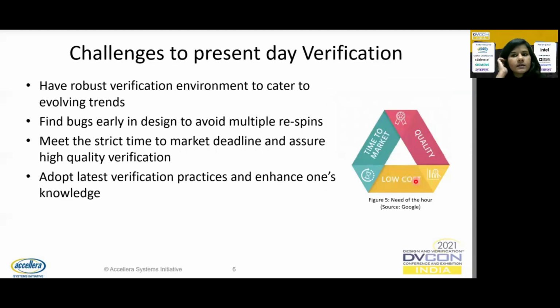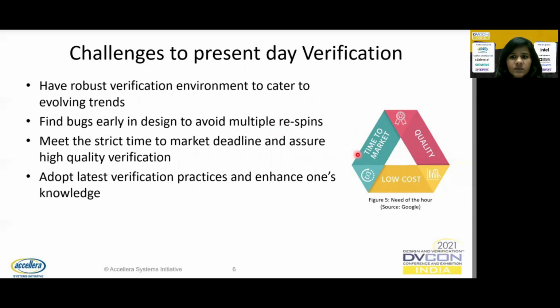The rapidly changing landscape of the VLSI design industry and the complex architectures in the latest memory design present a lot of challenges to the verification engineers. The verification environment needs to be robust and cater to the changing trends. There is a need to find bugs early in the design so as to avoid multiple respins.